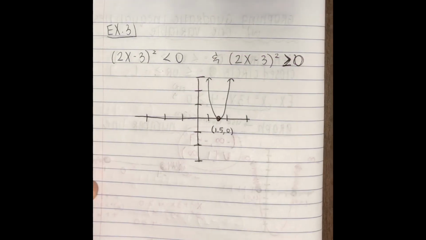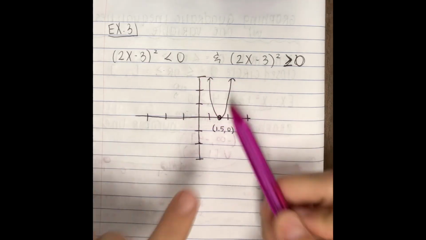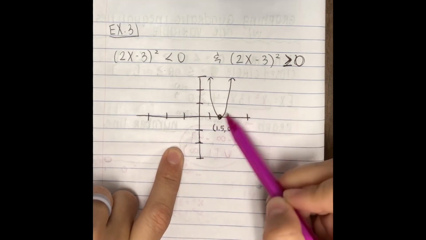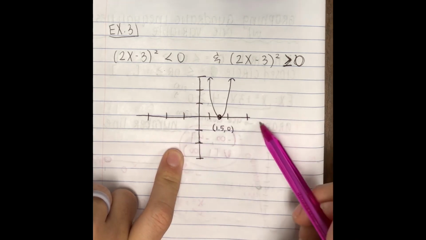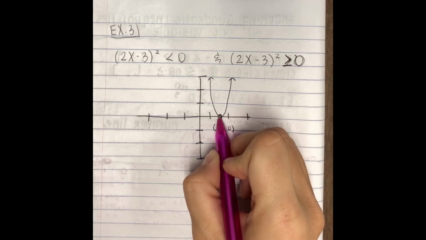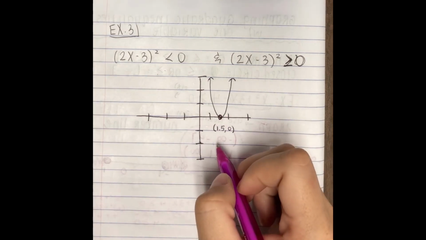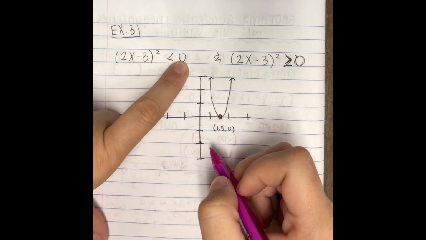Okay, for this last example, I want to show you some special cases. You're not going to see these often, but you could run into them one day. So this is where your function looks like this, okay? It is right on the line, right? So you have 1 point touching your x-axis, and if I gave you (2x minus 3) squared needed to be less than 0.